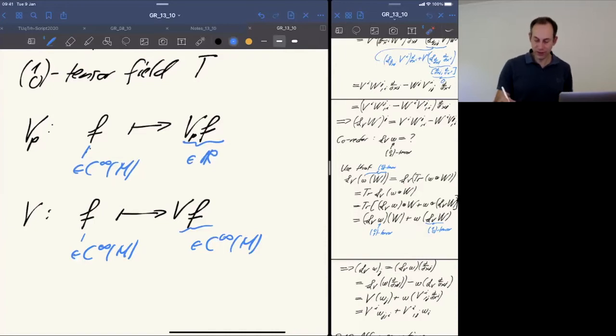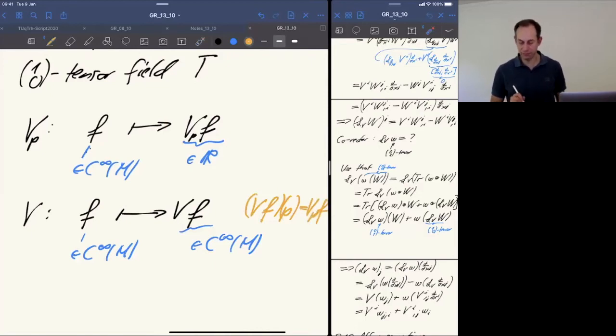And what is this function? Formally this means that if I evaluate this function at the point P, it's defined to be the vector V_p applied to f. So that's how we define the vector field.